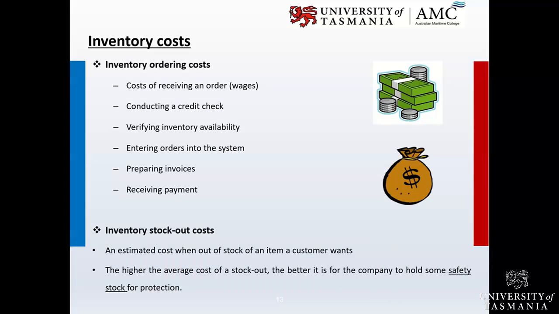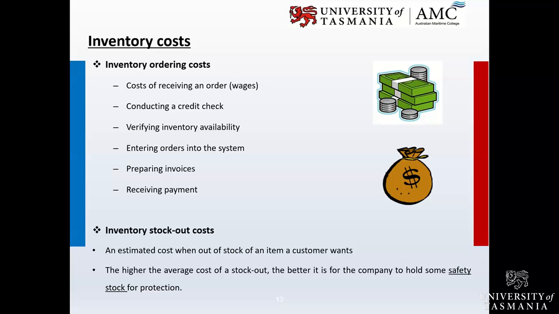The second is ordering costs. Ordering costs are involved in different inventory ordering activities. For example, the cost of receiving an order. You need to invest labor to receive inventory, so their wages or salaries will be a cost.